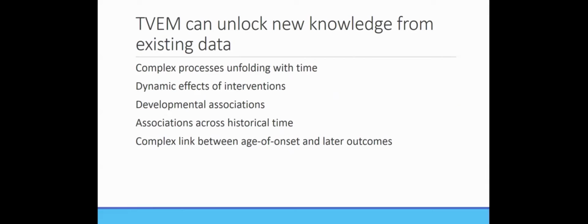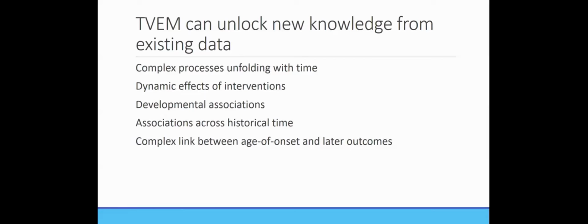And I believe TVEM has a lot of promise for understanding associations and how they unfold across historical time. And we have used data from Monitoring the Future to do just that. We've used data from 1976 until today to look at how perceived risk of smoking and actual rates of smoking have evolved over historical time, maybe having policy implications.